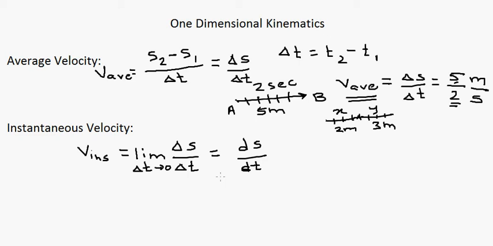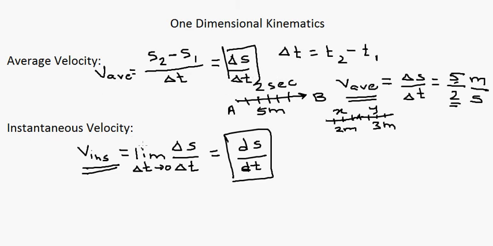Of course, we need it in higher level courses, and if you don't have any idea about calculus, I'll make a separate video describing some basic concepts in calculus as well that we may be using in physics. Okay, so for now, instantaneous velocity is ds over dt. That is delta s over delta t when delta t tends to 0. So that's our instantaneous velocity, while that's our average velocity.